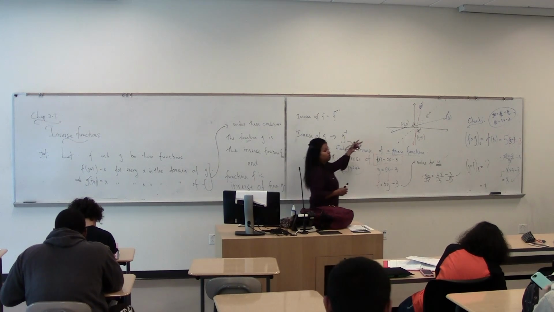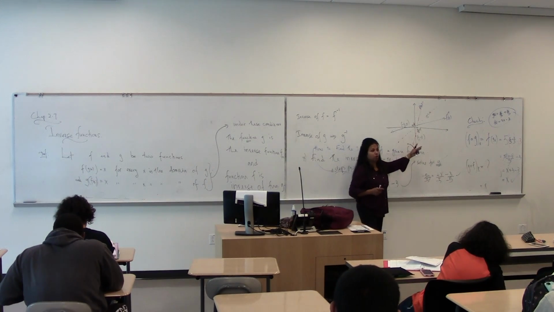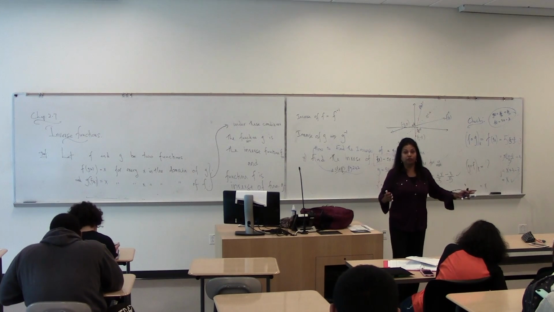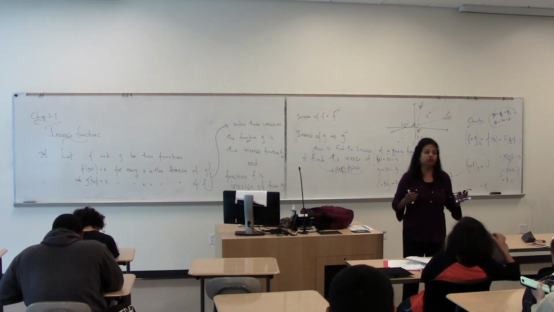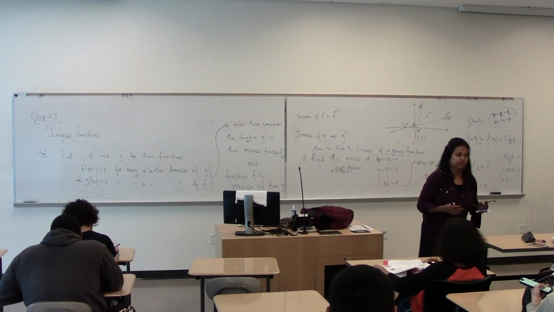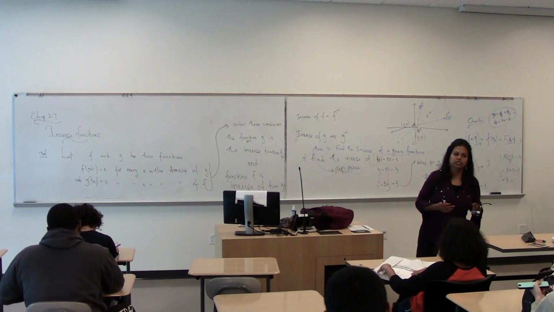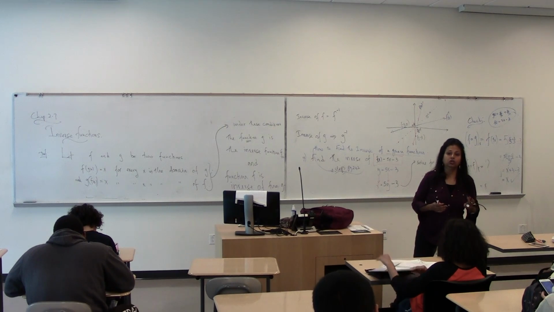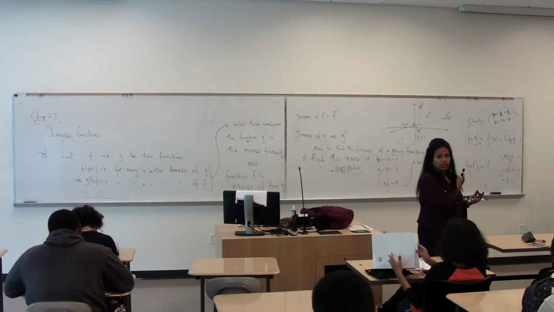We can also graph both functions, and we can see both functions are mirror images of each other. Every time it's a mirror image, you need to say what your mirror is. It's symmetric with respect to the line y is equal to x.